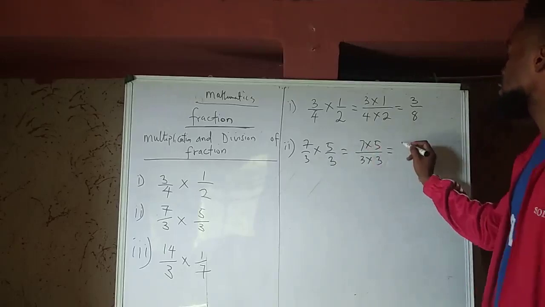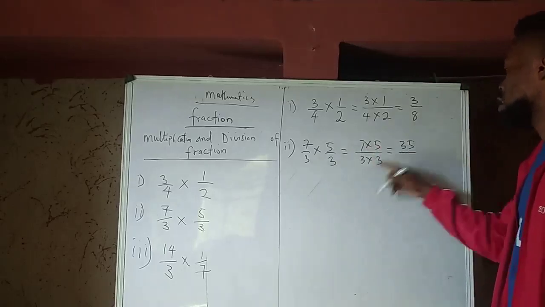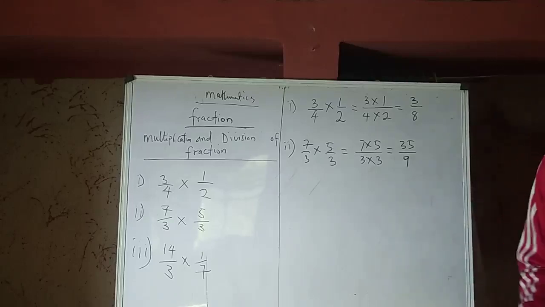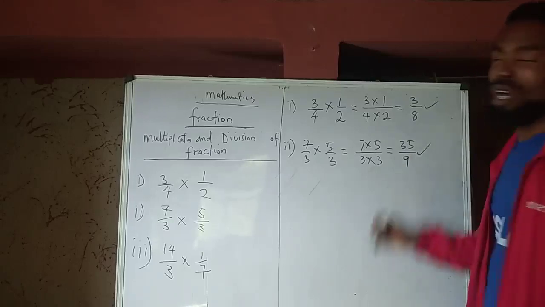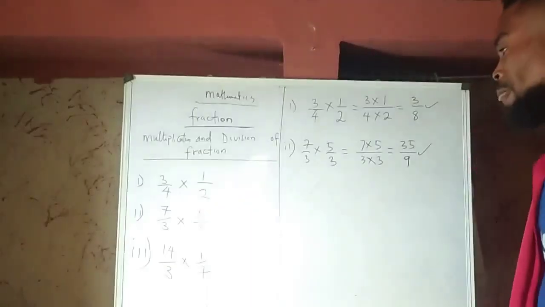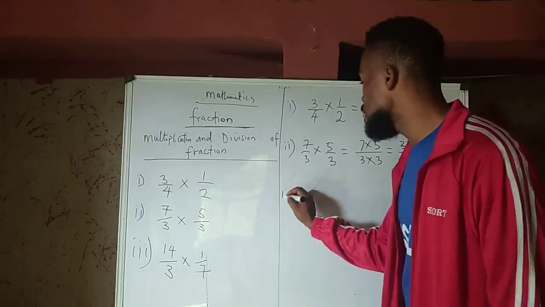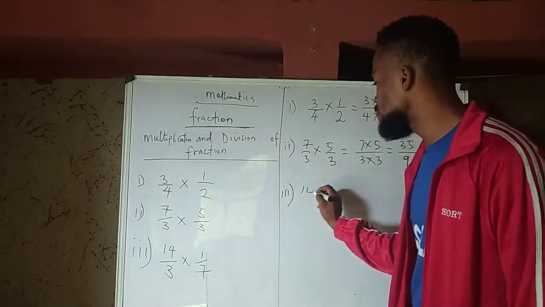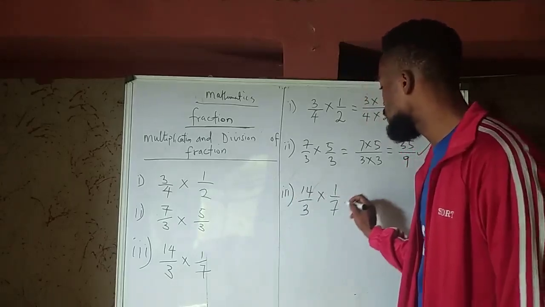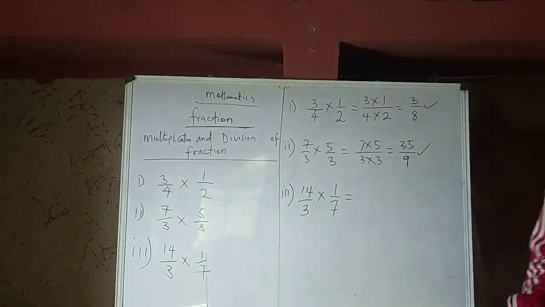Okay, so 7 times 5 is 35, and 3 times 3 is 9. Done. That's it. We are set. There's nothing else we can do. Okay, so now let's go to the next one, where we have 14 over 3 times 1 over 7.